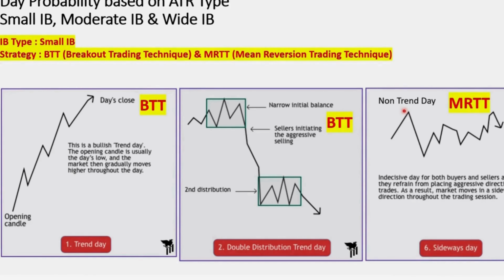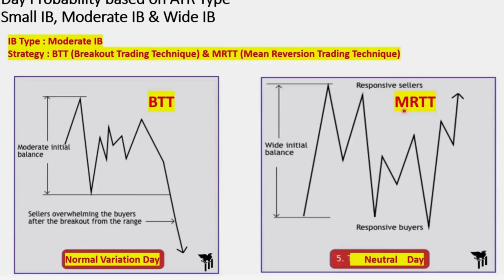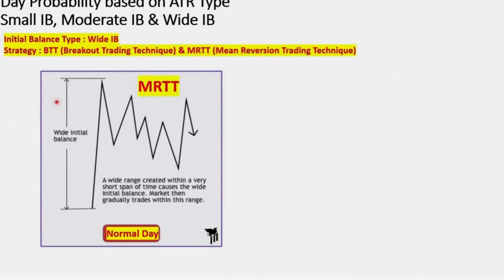Then when we consider the ATR, if the first hour range covers about 50% of the ATR, we have a moderate IB, and this often leads to what we call a normal variation day or a neutral day. A wide IB, where the first hour covers a large portion of the ATR, suggests that the market has quickly absorbed a significant range, and this often leads to a balanced day with potential for mean reversion.